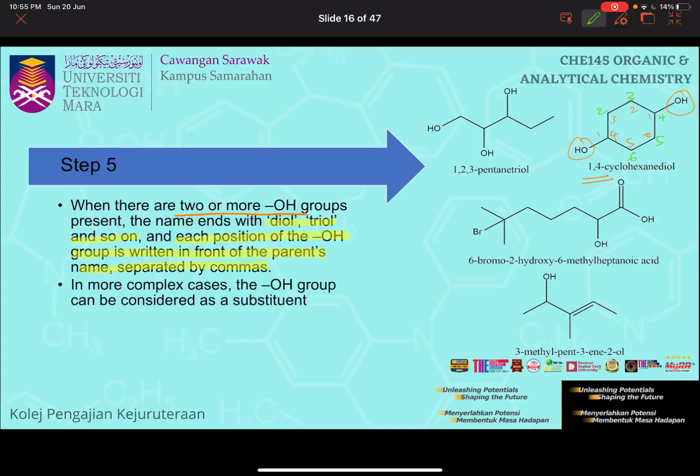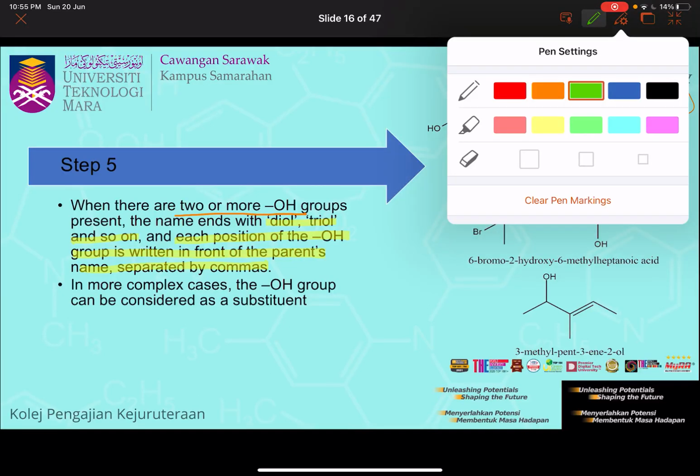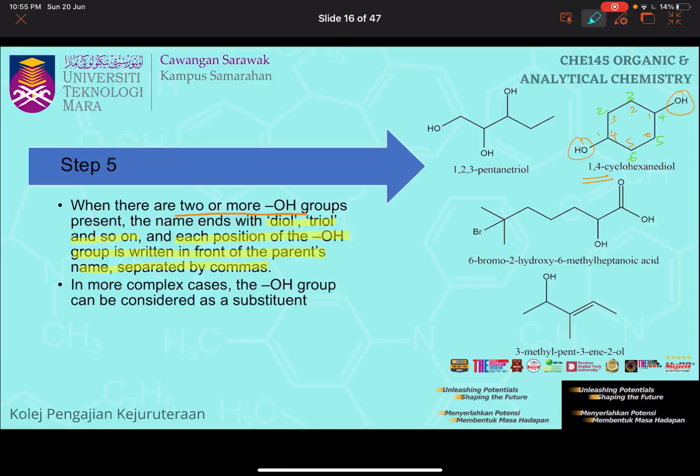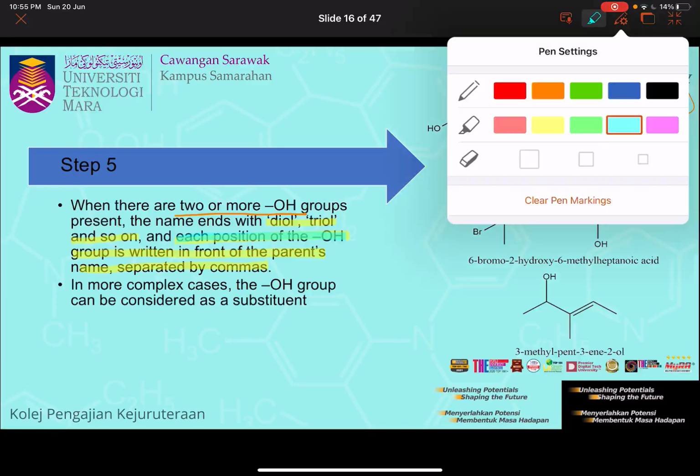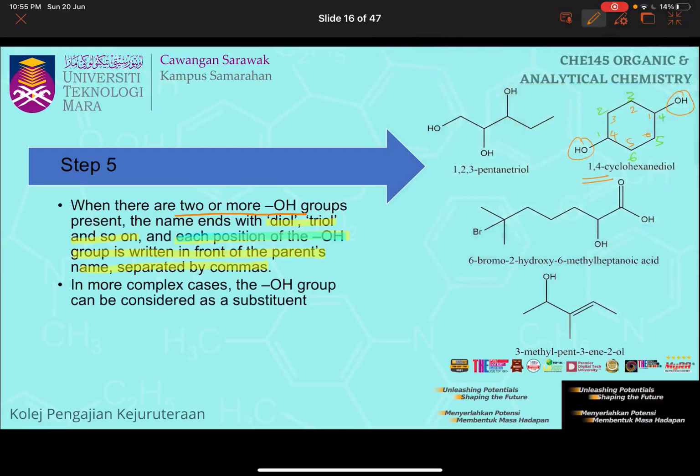But what's important here is that you must state each position where the OH group is written in front of the parent's name. So please don't write in between. For example, here you write cyclohexane 1,4-diol.